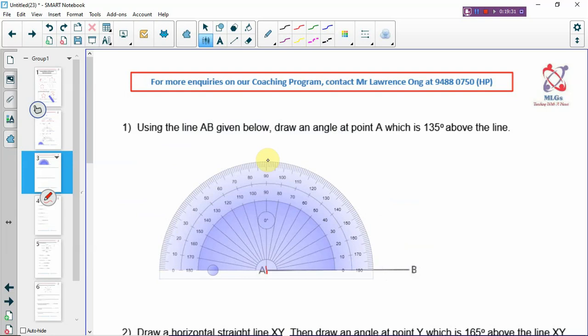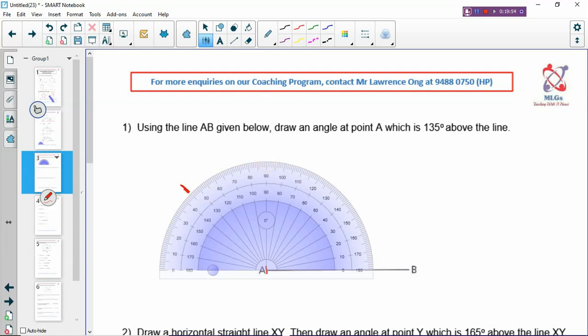So the baseline has to sit onto the line AB, and then you look for 135 degrees. Where do you start? You look at the zero on the right side, because AB is on the right side of the protractor. So you look for 135. So 135 degrees will be here.